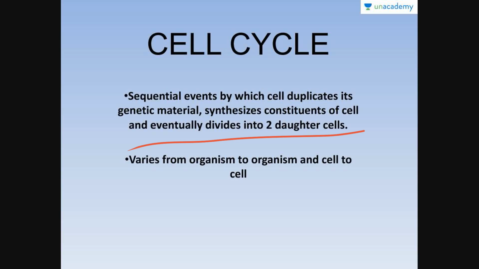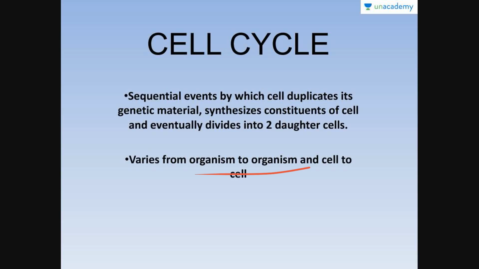Now this process of cell cycle is variable from organism to organism. For example, a yeast cell divides once every 90 minutes, but a human cell takes approximately 24 hours. So there is a large difference between the rate of division in case of different organisms.